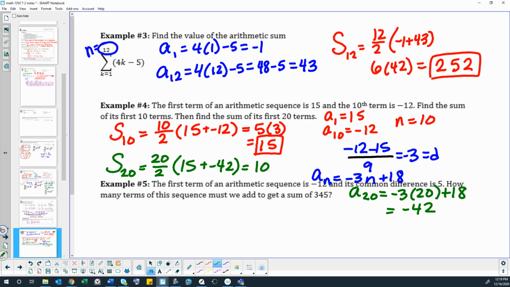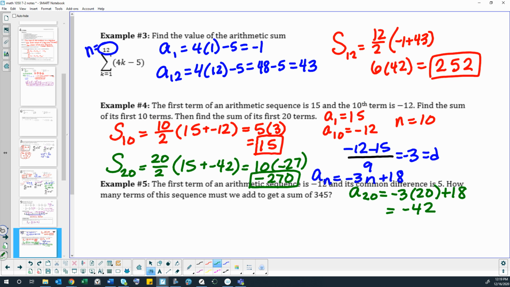So 10 numbers times the sum of negative 42 and 15, which is negative 27. I think that sounds right. So that means that sum is negative 270.